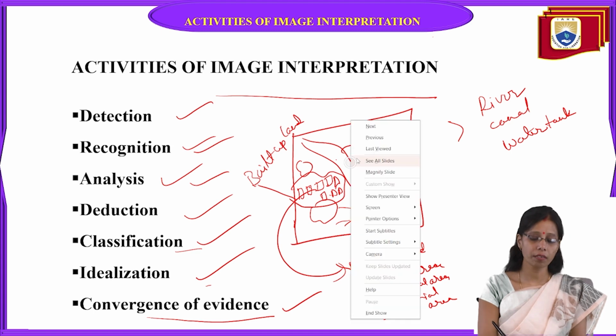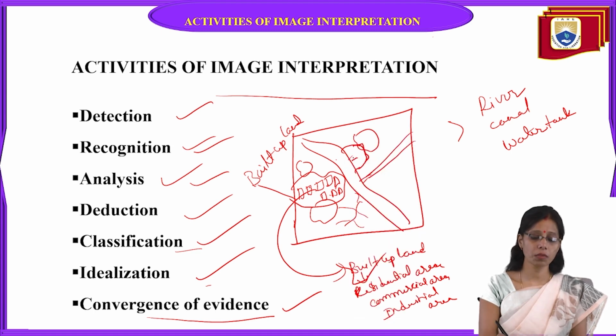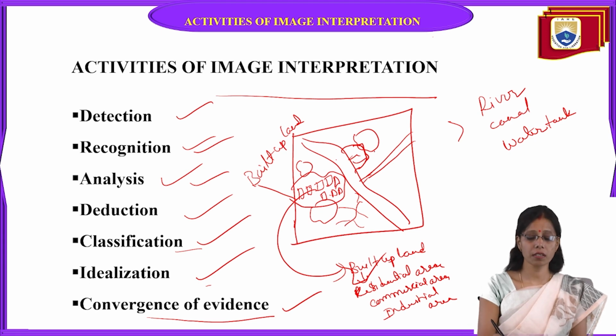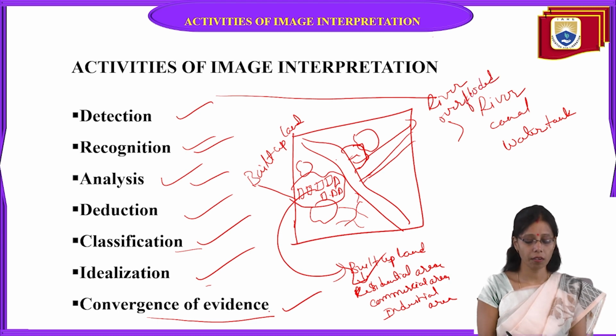So that means this river was flooded at some time period. Based on this evidence, we can find out that this river was overflooded. This is the evidence, and we can get to know about the type of the feature present on that image.